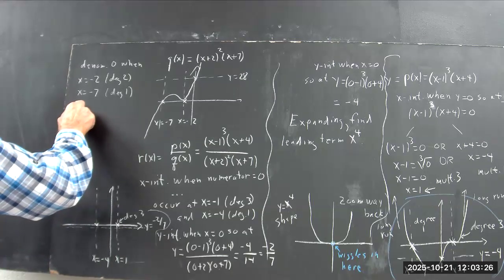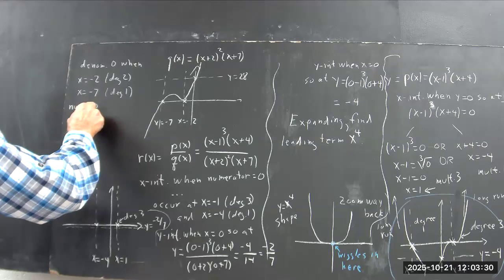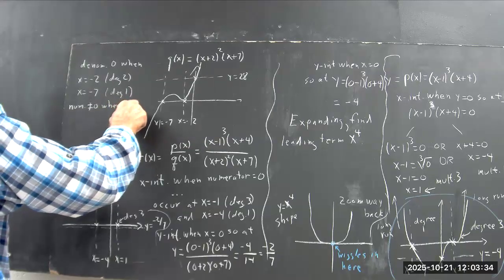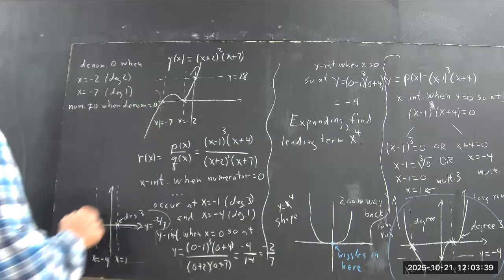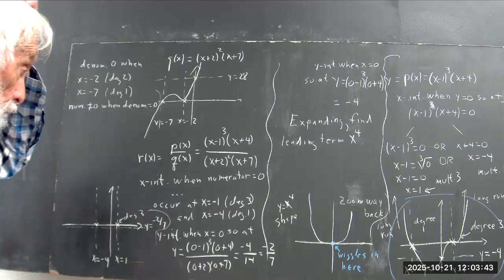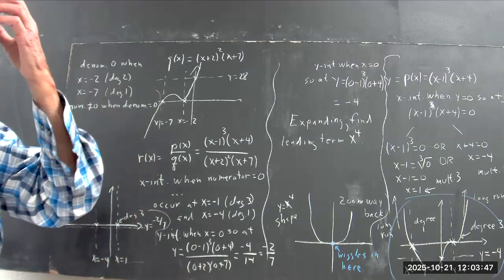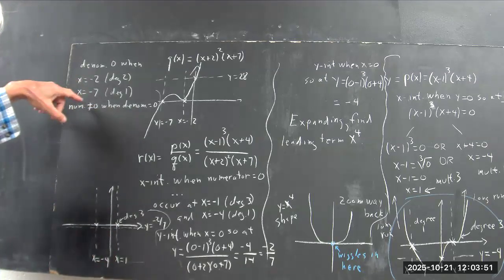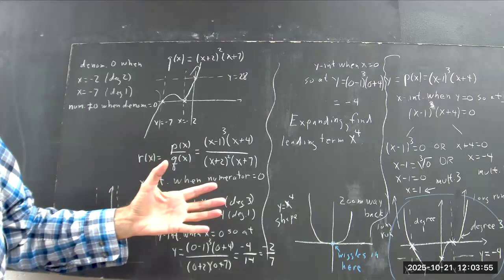And we note that the numerator is not 0 when the denominator is 0. And that's important. If the numerator was 0 when the denominator was also 0, we couldn't say that as you approach this x value or approach this x value, the thing blows up.